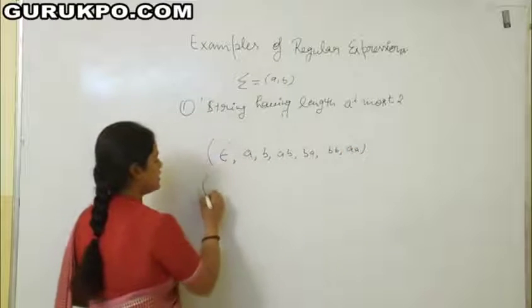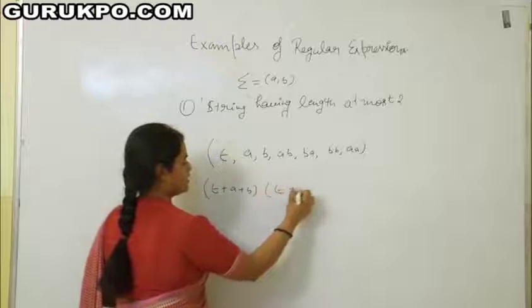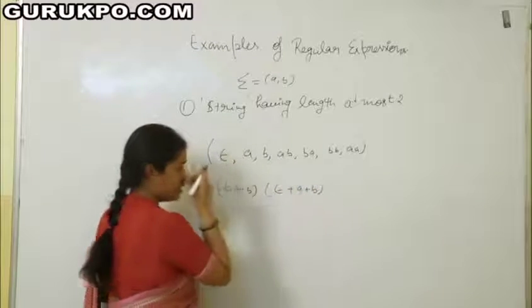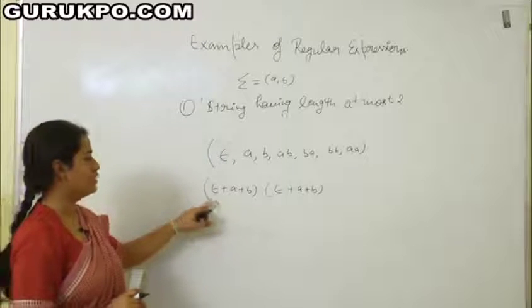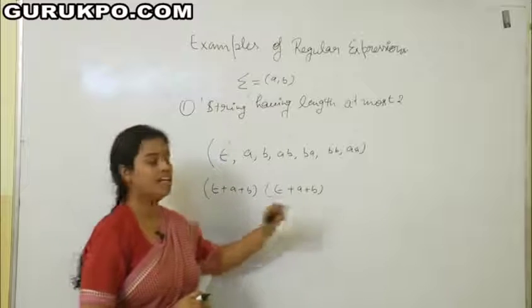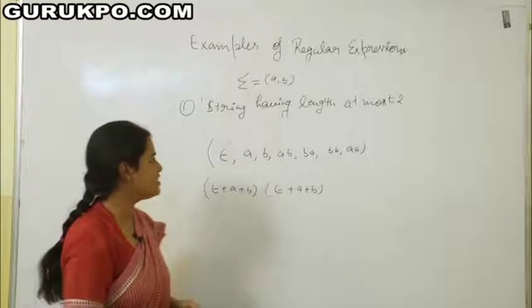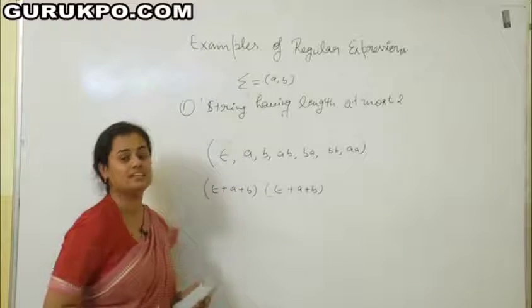When we solve this, we will find the expression looks like this. So for a string having length at most 2, the regular expression will be (null plus a plus b)(null plus a plus b). It is very clear that all the strings having length at most 2 can be generated like this.